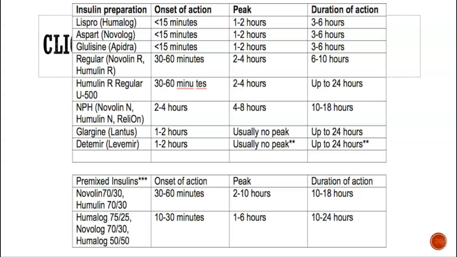You don't have to wait a certain amount of time between them. Make sure you're not giving them in the same injection site. So if you're using the abdomen, use different locations for it, but you don't have to wait. So make sure that you know the order of mixing for the regular and NPH insulin.